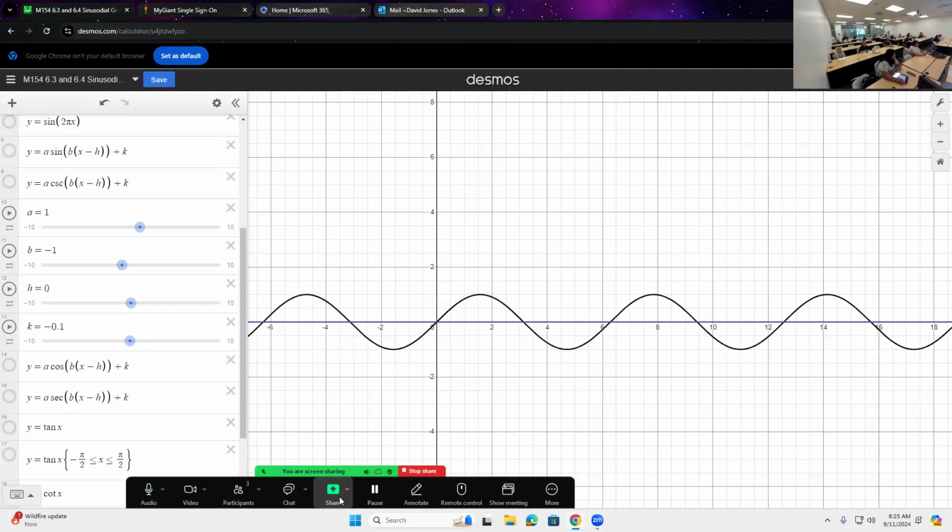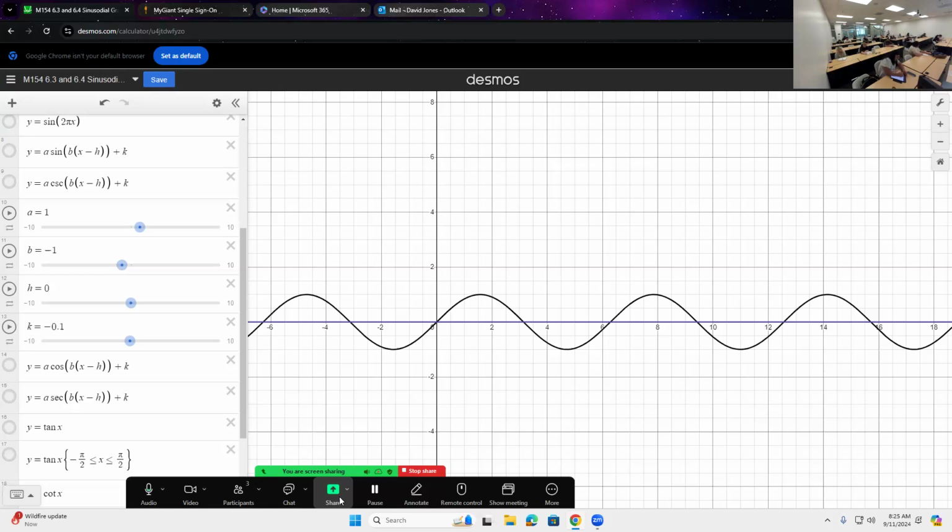So graphs of sines, we're doing 6.3 and 6.4. 6.3 is the basic graphs of sine and cosine.